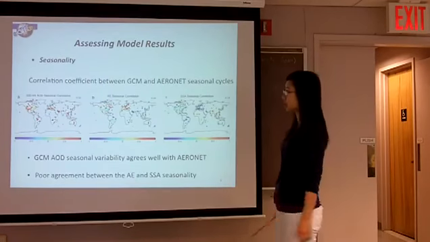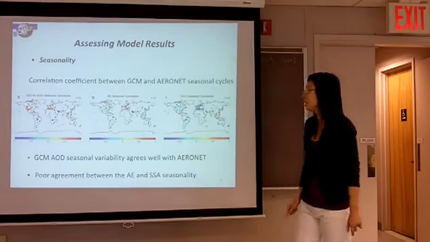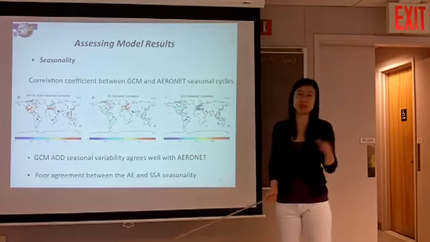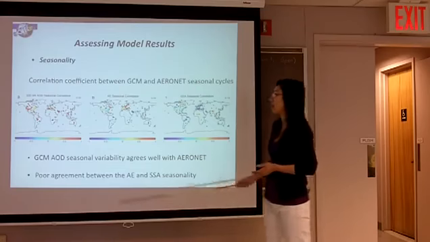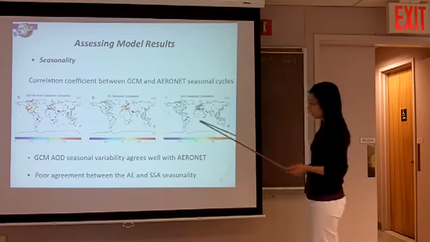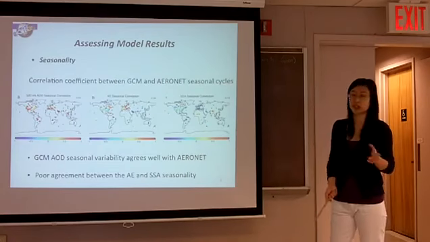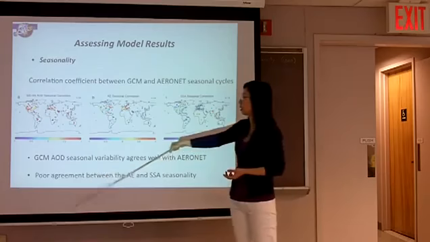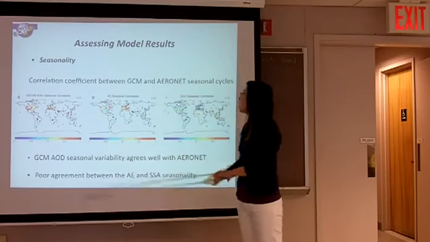Then that's the distribution or relative values. Here I also compare the seasonality, and this shows the correlation between the mean seasonal cycles of AOD, Angstrom exponent, and single scattering albedo between the GCM and AERONET. This is the correlation coefficient, so it goes from -1 to 1.